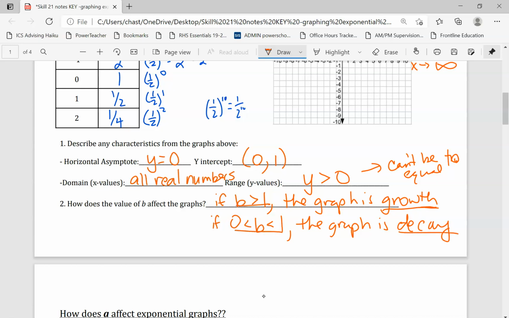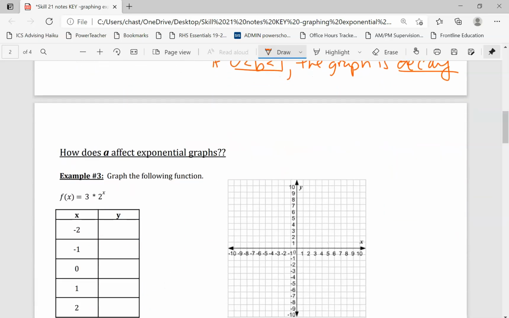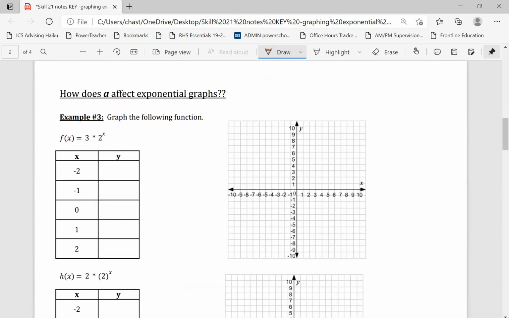All right, so now we're going to talk about what happens when we have an a value in front of our function. If I had 3 times 2 to the x, well, what would that mean? That would mean 3 times 2 to the negative 2. So it'd be 3 times 1 over 2 squared, so 3 times a fourth, so 3/4.